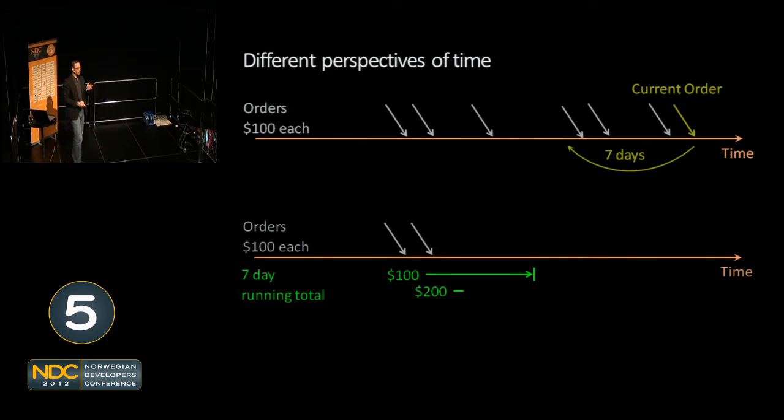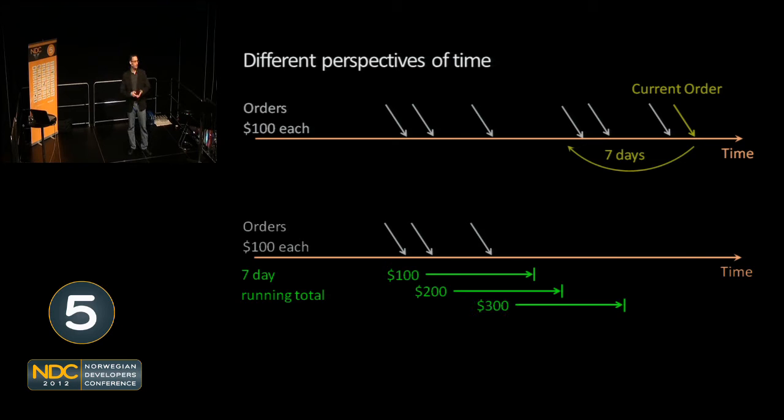And as we keep on going, we aggregate the data that we need so that we have a current running total that's telling us, okay, now it's $300, now it's $400, etc. And as we catch up to ourselves in time, then we need to have that kind of wake-up call saying, hey, look, it's been 7 days since order number 1. Oh, okay, then what I need to do is to decrement it down to 200. Okay, it's been 7 days since order number 2. All right, let's decrement that one down as well.